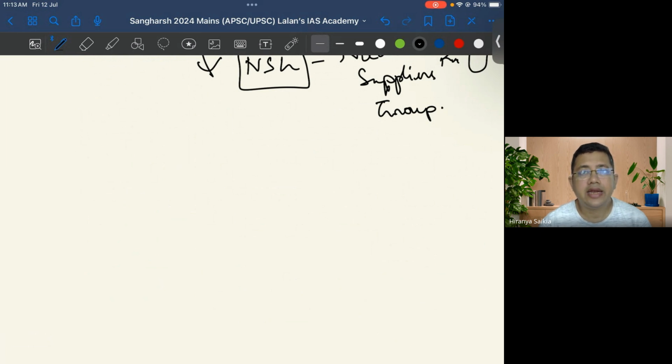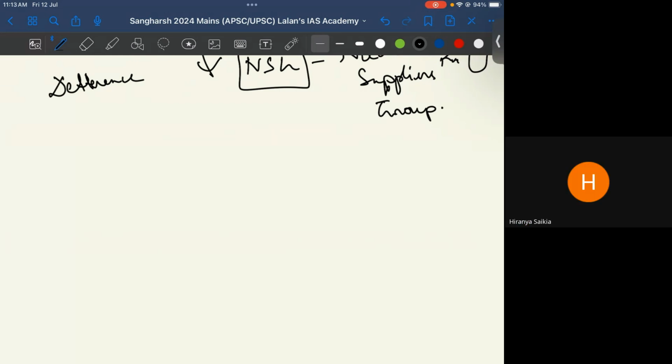We feel that it is only a deterrent. So in 1998 we demonstrated the capability and also assured the world that we will be using it responsibly.